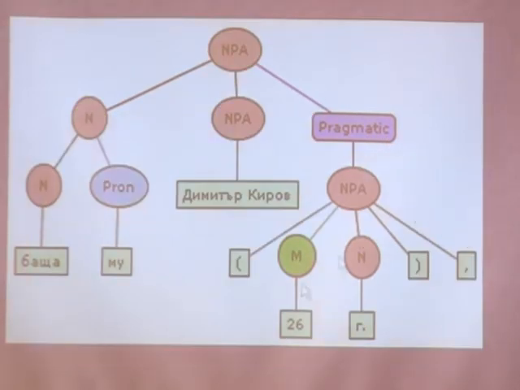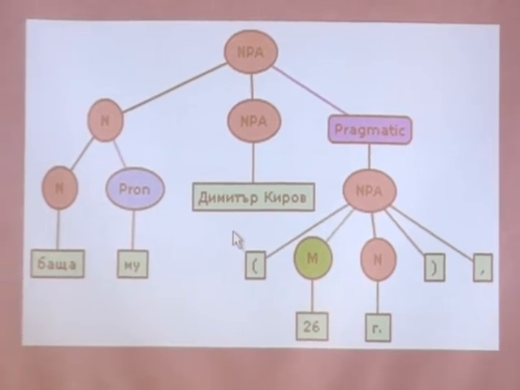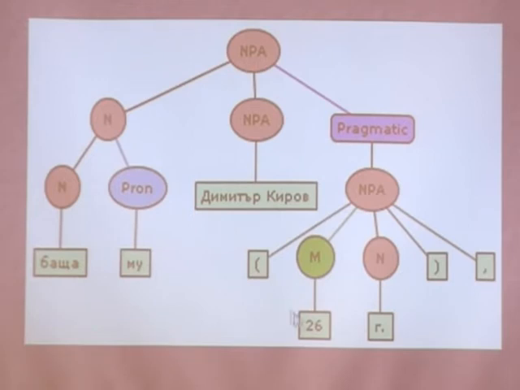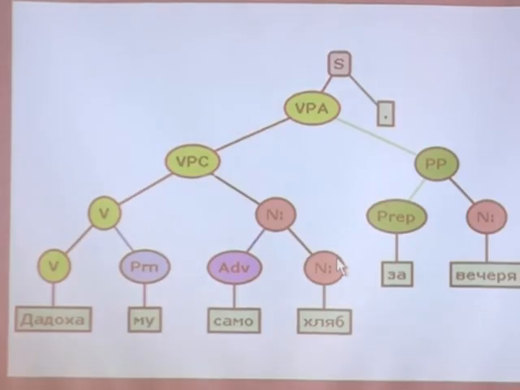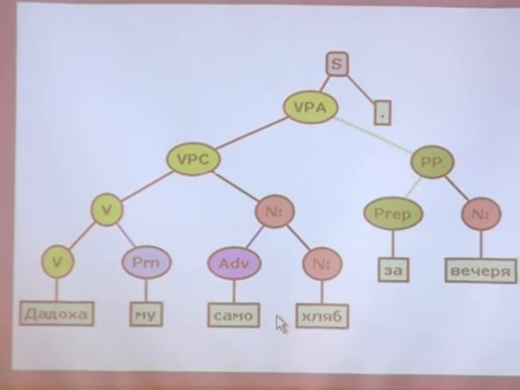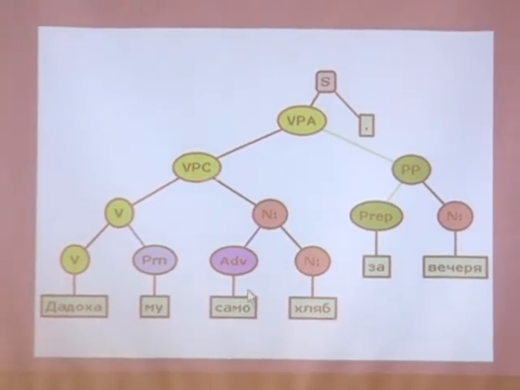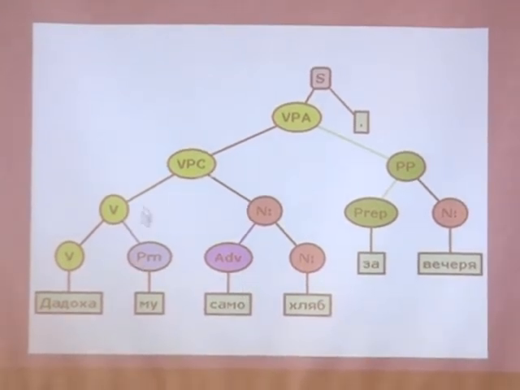Another example with parenthetical elements. It is again about a person who was interviewed and about his age, which is in brackets. Usually they come in brackets. And an example with focalizer, which is pretty complicated. For example, the sentence says, they gave him only bread for dinner.